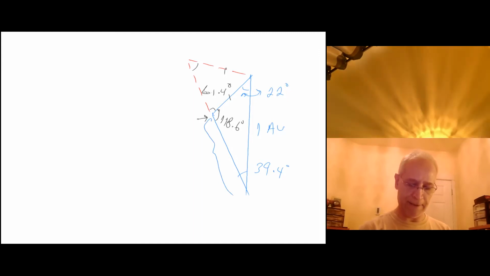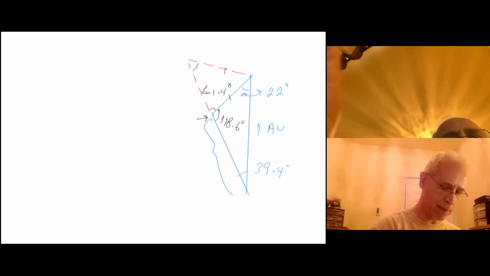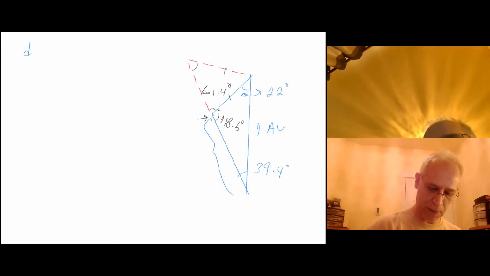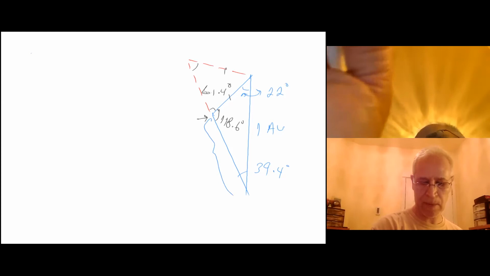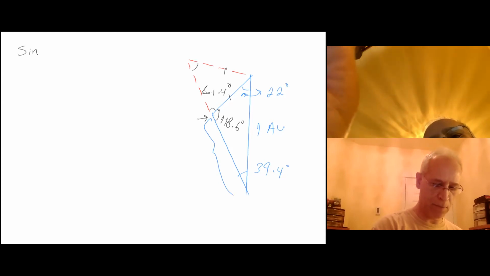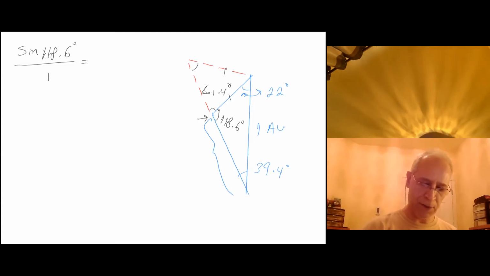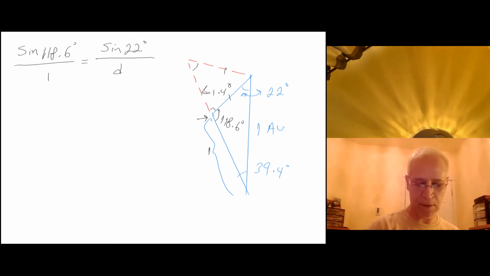Let me do it like your textbook does. Sine of 118.6 degrees over 1 should equal sine of 22 degrees over d. Let's call this one d.